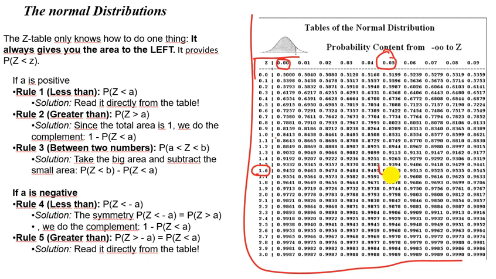It is 0.9505. But this probability is the probability of what? That is the question. It is actually the probability that my z score is less than 1.65. So that's how we read this table.